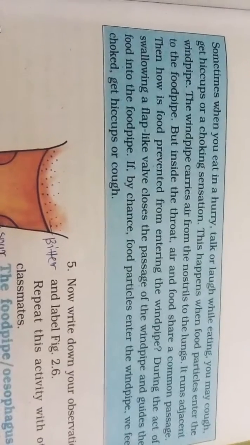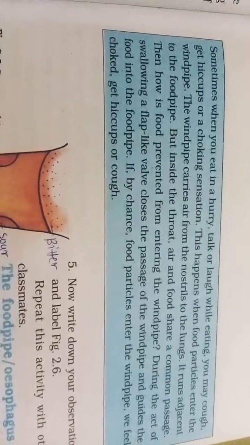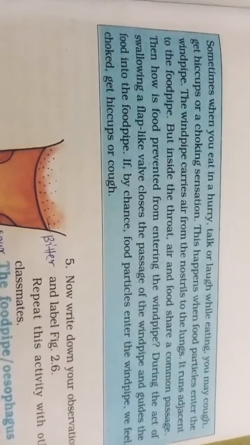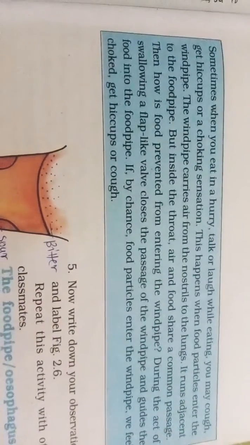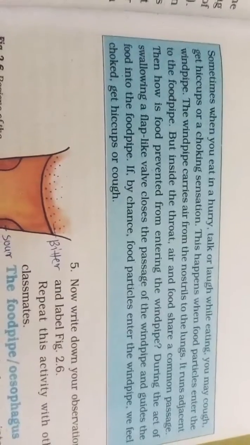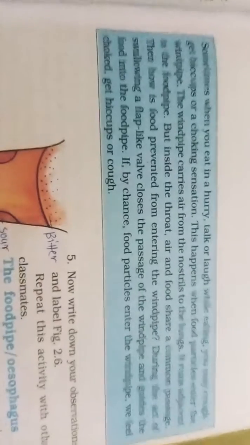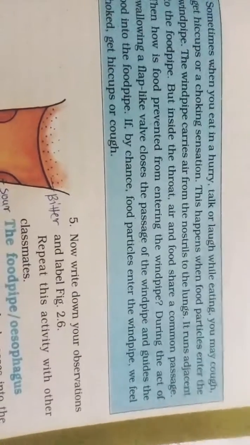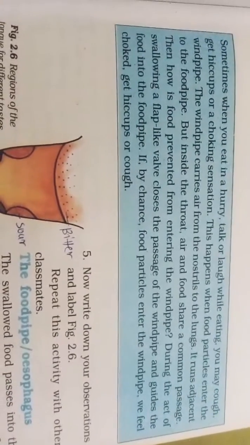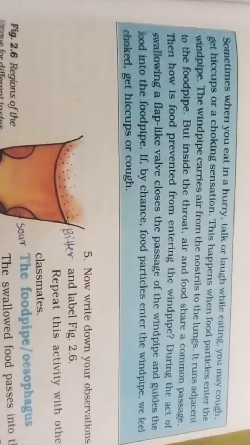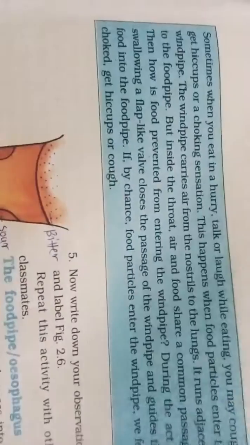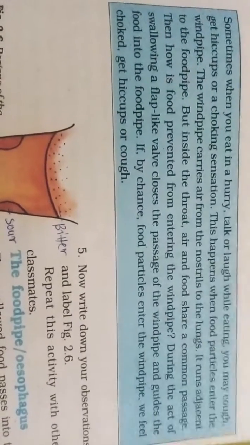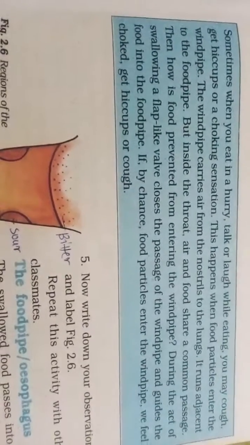While swallowing, a flap-like valve closes the passage of the windpipe and guides the food into the food pipe. If by chance food particles enter the windpipe, we feel choked and get hiccups or cough.